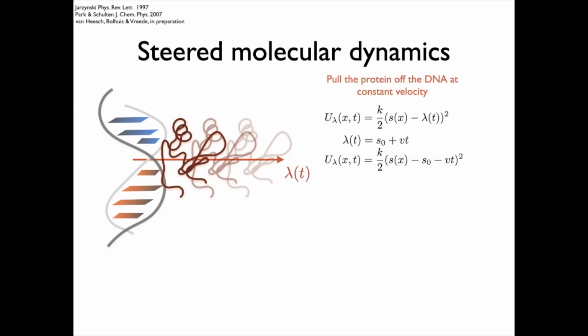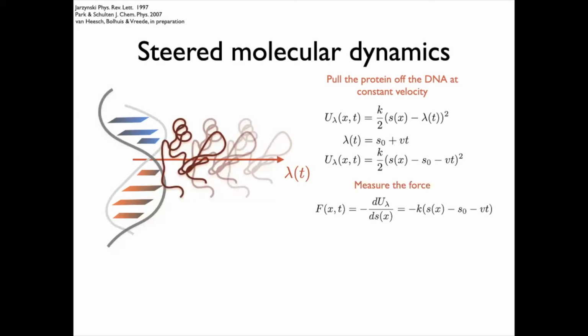We also start at this specific initial configuration. So with this pulling potential, we can also measure the force, taking the derivative of this pulling potential with respect to the actual value of the system along this pulling coordinate.